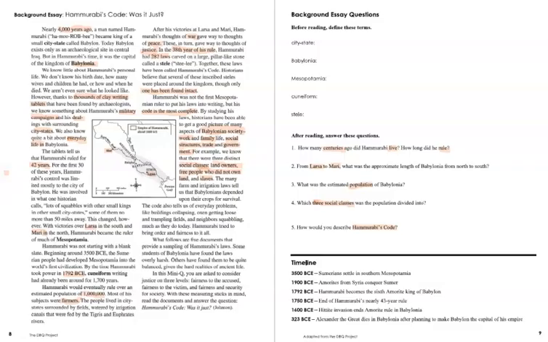The many farm and irrigation laws tell us that Babylonians depended upon their crops for survival. The code also tells us about everyday problems like buildings collapsing, oxen getting loose and trampling fields, and neighbors squabbling much like they do today.